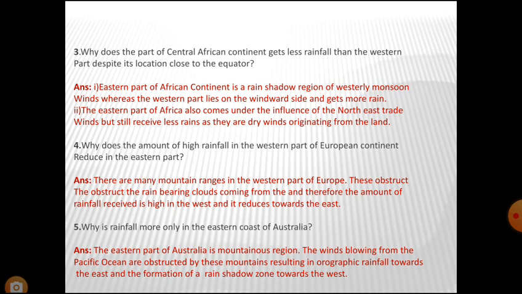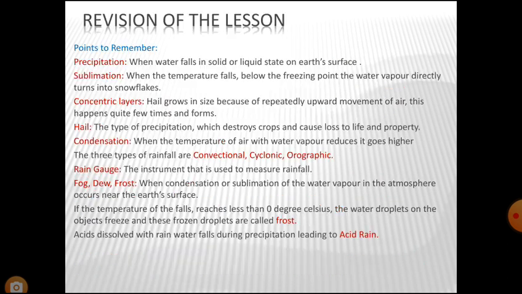Now we'll just see the revision of this lesson. Now you just have to remember these points in your mind. Precipitation means when water falls in solid or liquid state on the earth's surface. Sublimation, when the temperature falls below the freezing point, the water vapor directly turns into snowflakes.